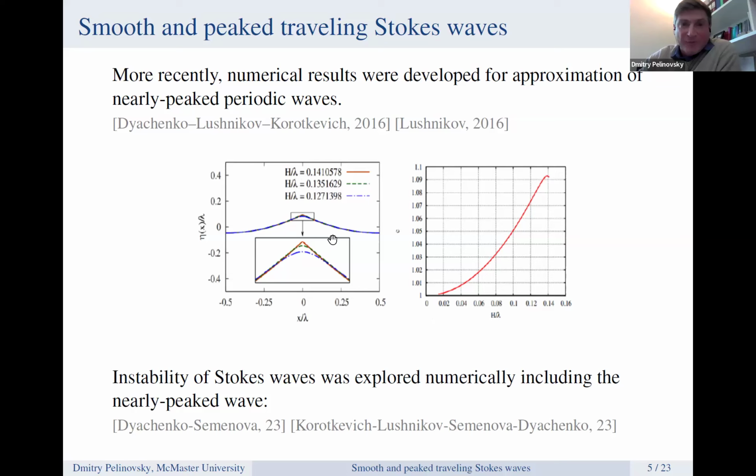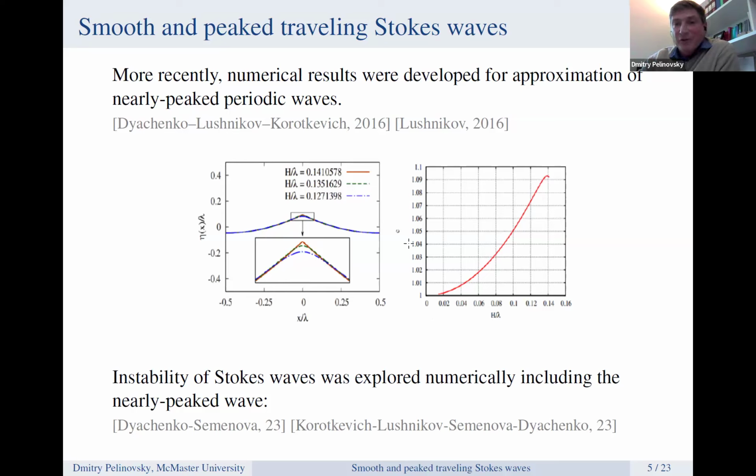Here I refer to some pictures from the paper of Sergei Dyachenko, Pavel Lushnikov, and Alexander Korotkevich, where they studied approximations of these traveling wave solutions by using conformal coding, by using the formulas which will be the main item in my talk. The smooth waves can be approximated well by Fourier series, but unfortunately it is very hard to get close to the peaked wave. There is always some distance from reaching the peak wave.